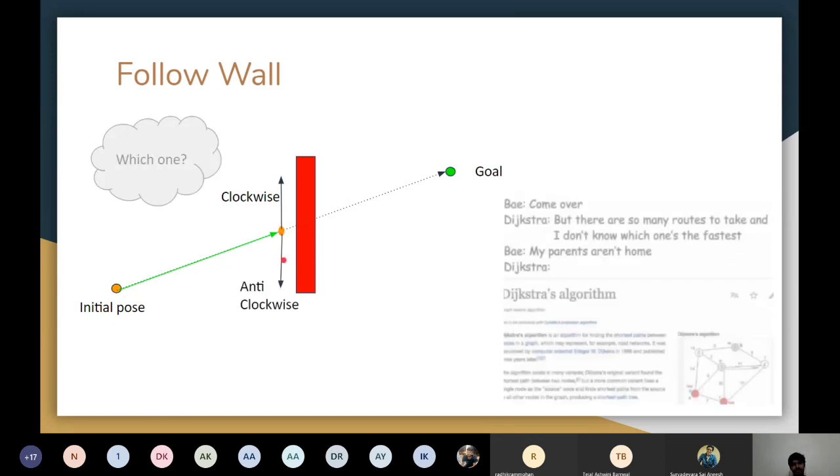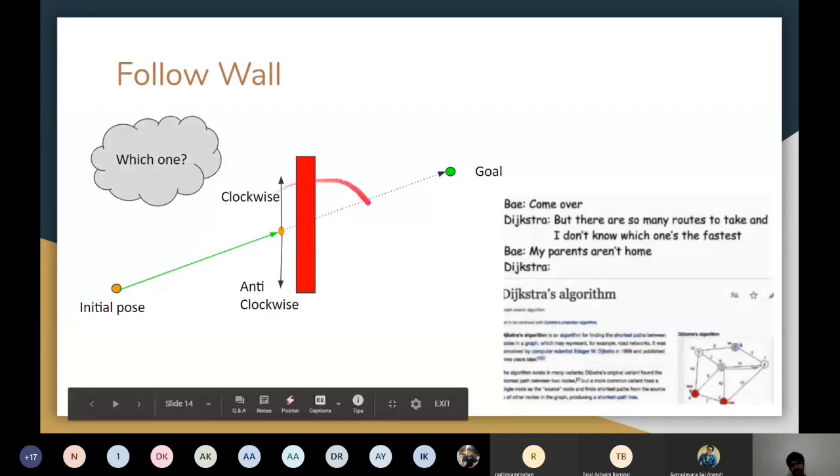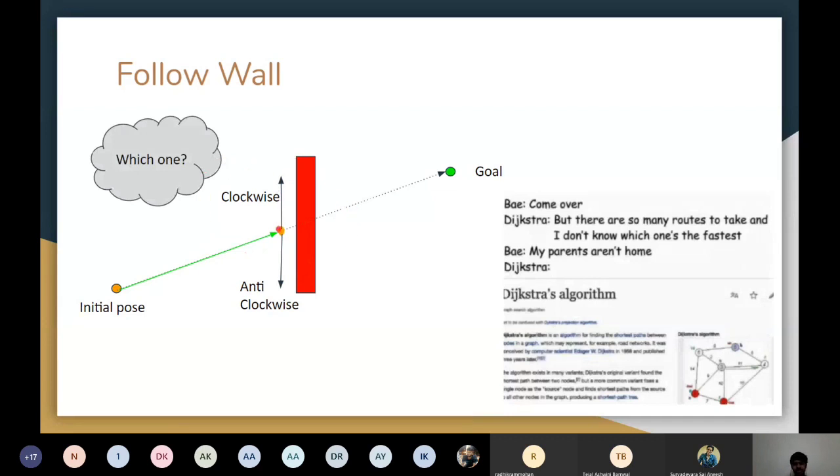In such a case, which one do I choose? Given the information that I know, I can try to choose the better one. Which will be the better one for now? Obviously, the one which at this point in time is taking me closer to the goal. To analyze that, see the angle between the clockwise direction and the go to goal behavior, and between anti-clockwise and the go to goal behavior.